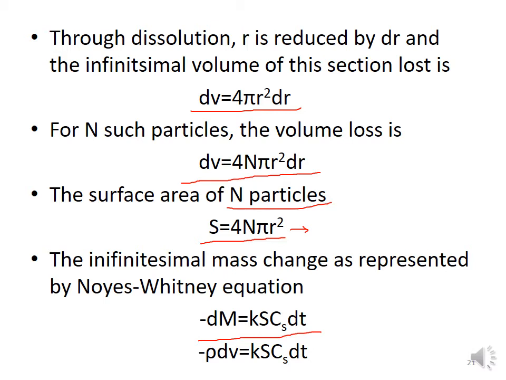Minus dm, where the mass equals the density multiplied by volume, can be written as minus the density multiplied by the change in the volume equals the dissolution constant multiplied by the surface area multiplied by the solubility multiplied by the change in time dt.